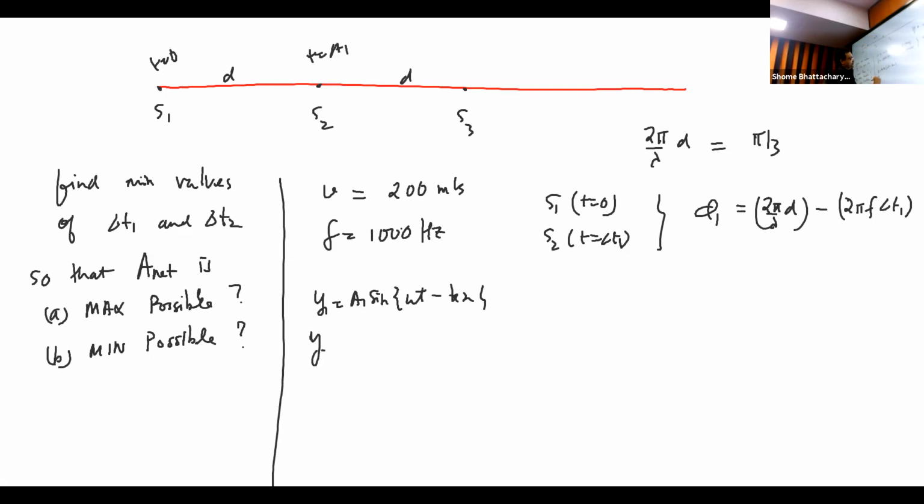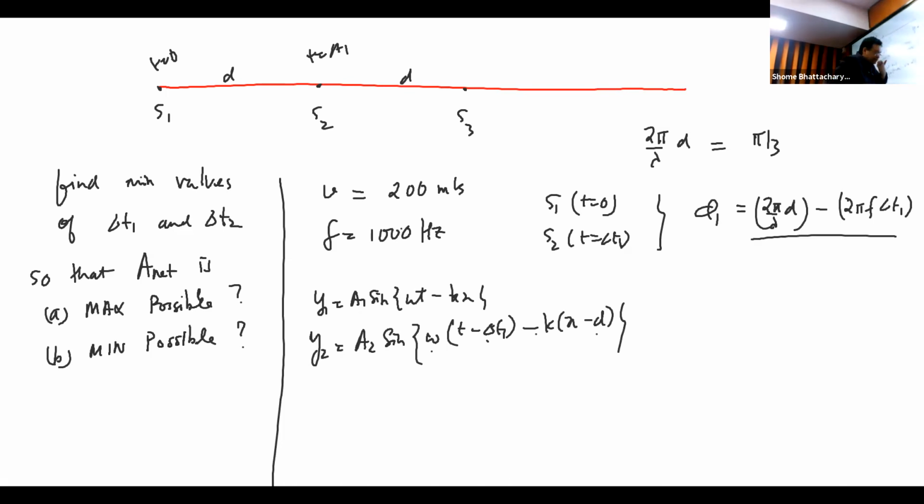So the wave from the second source will be A2 sine, actually A1 is equal to A2, but doesn't matter, omega into t minus delta T1 minus k into x minus d. So you can see that the phase difference between these two, kd is coming with a plus sign, but omega delta t is coming with a minus sign.